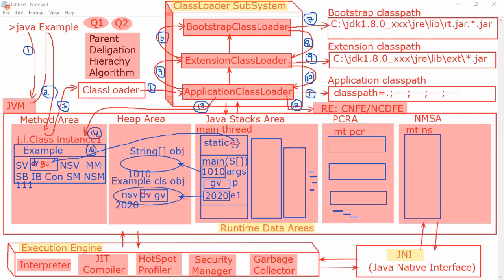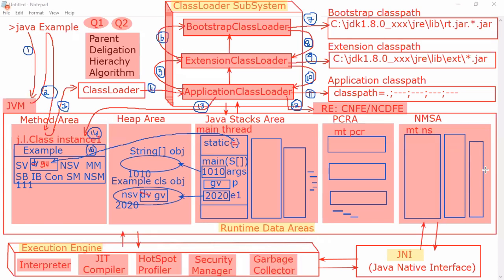Next important point. As and when you create one new thread, for executing the native methods of these threads, a native stack is created. A native stack is created for the second thread, and for the third thread.